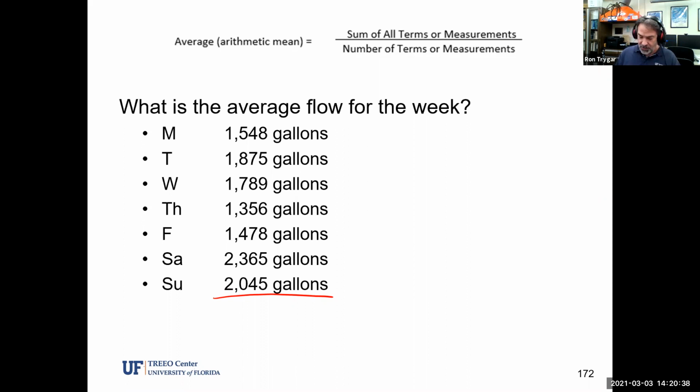So 1548 plus 1875 plus 1789 plus 1356 plus 1478 plus 2365 plus 2045. And for the sum of all of these, I got 12,456 gallons.